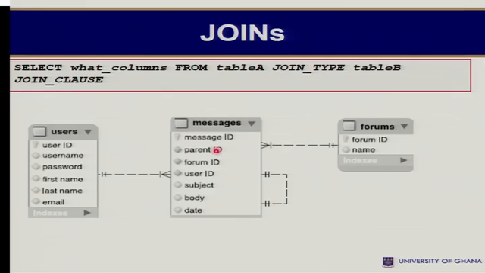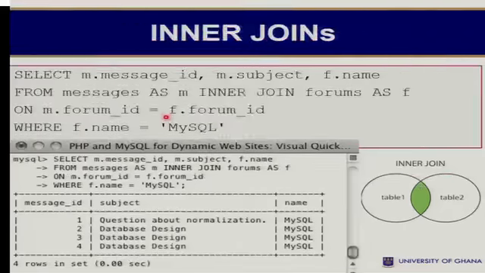It means that you have to combine these two tables so that I can get the user's first name and last name, and then I can use the user ID, which is in the messages table, as the foreign key to query all the messages posted in the forum by a particular user. So this is a typical example of using joins in our query.